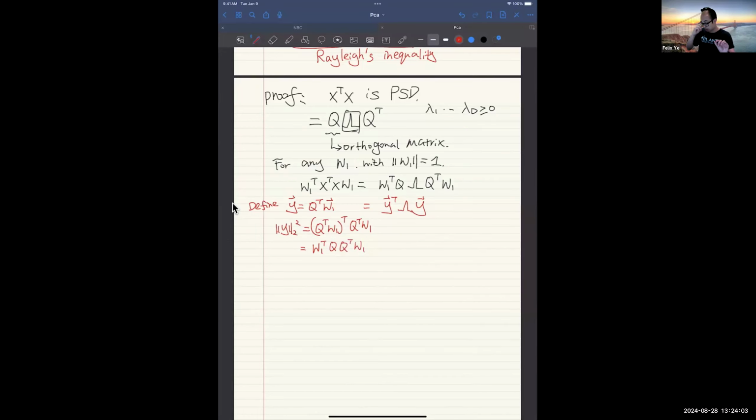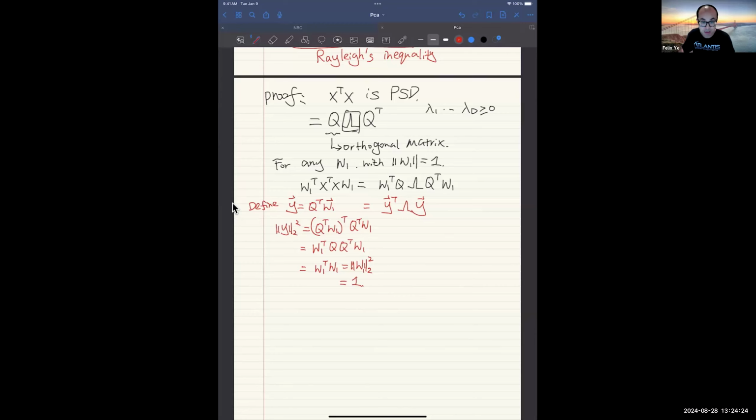But we know Q is an orthogonal matrix, so this becomes W1 transpose W1, the squared two-norm of W1, which equals 1. So Y is also a unit vector.